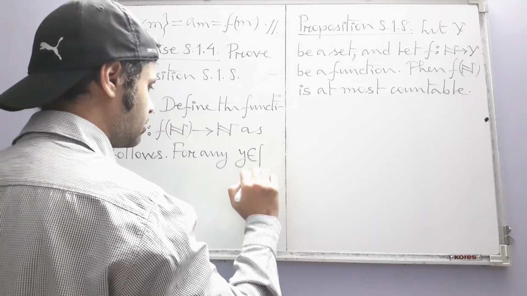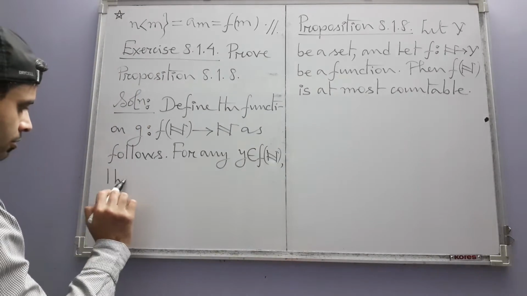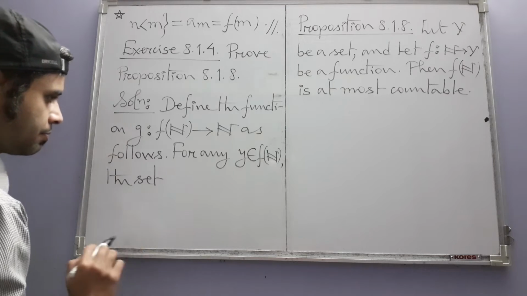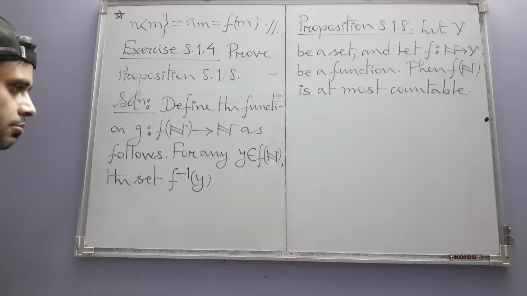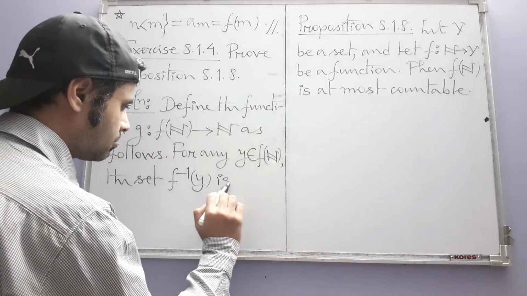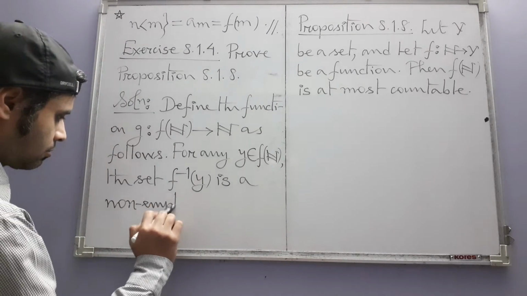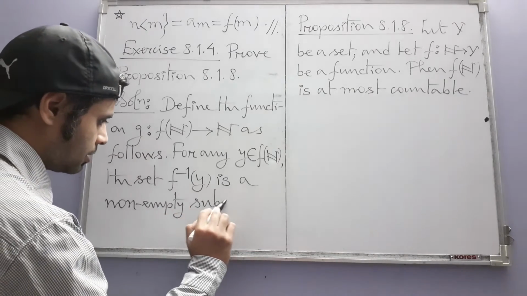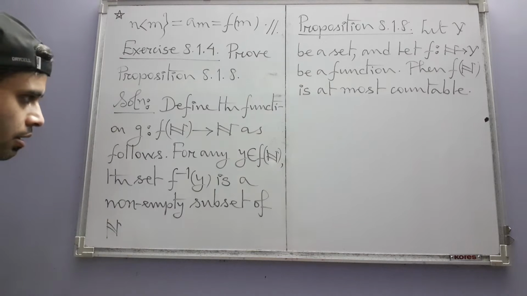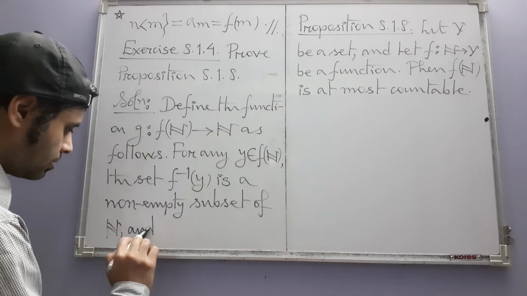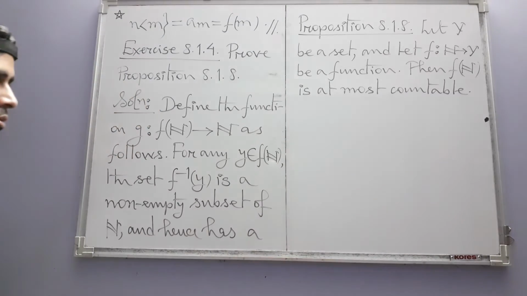For any y belonging to f of n, the set f inverse of y is a non-empty subset of the set of natural numbers, and hence has a minimum.